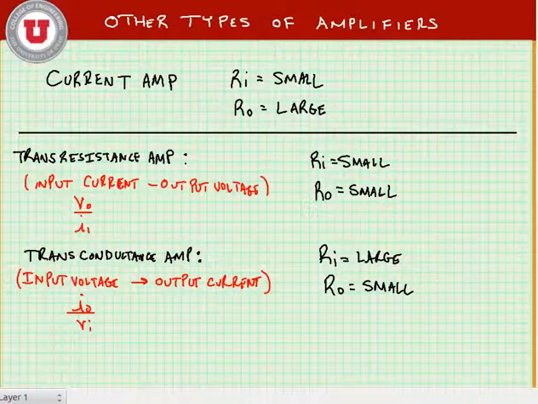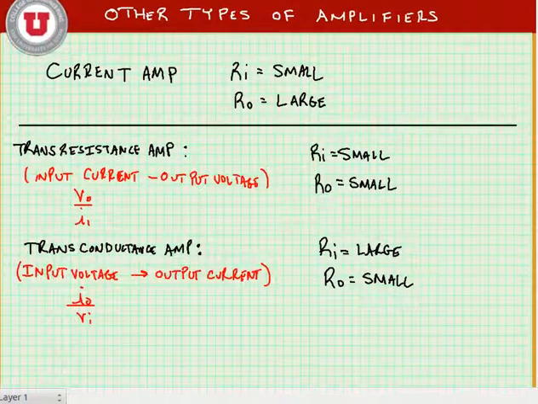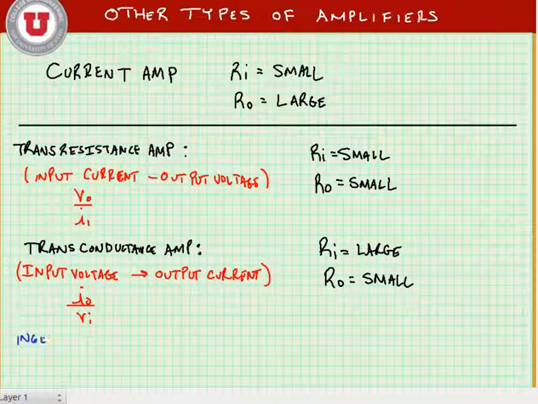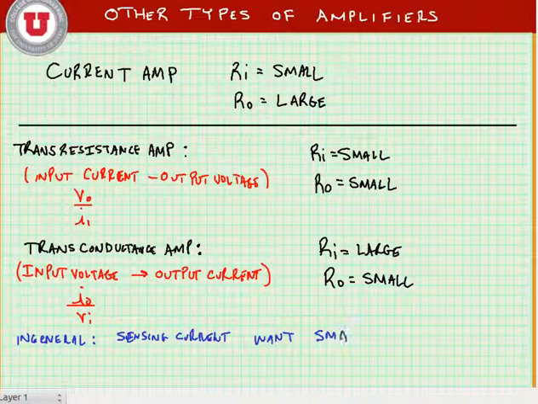So what we can come up with is a few general rules here. So in general, if we're sensing a current, we want a small resistance.